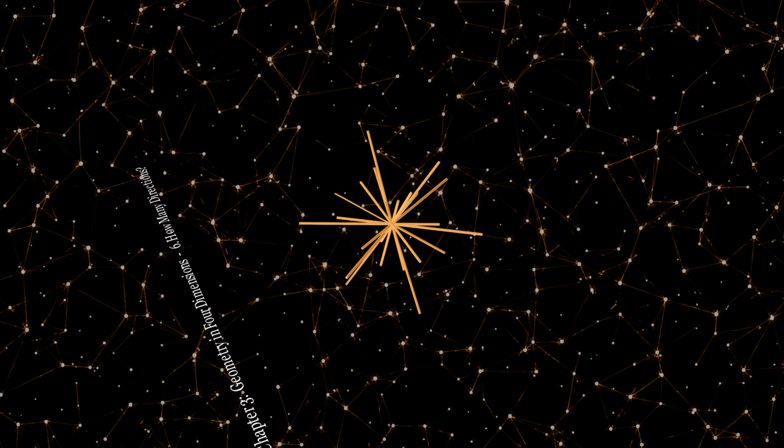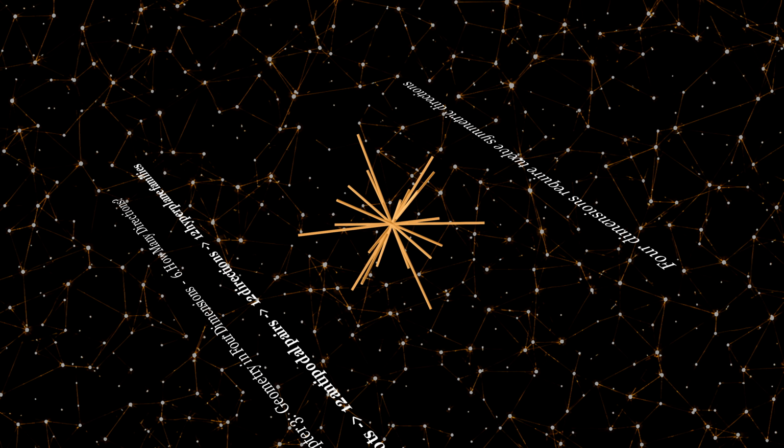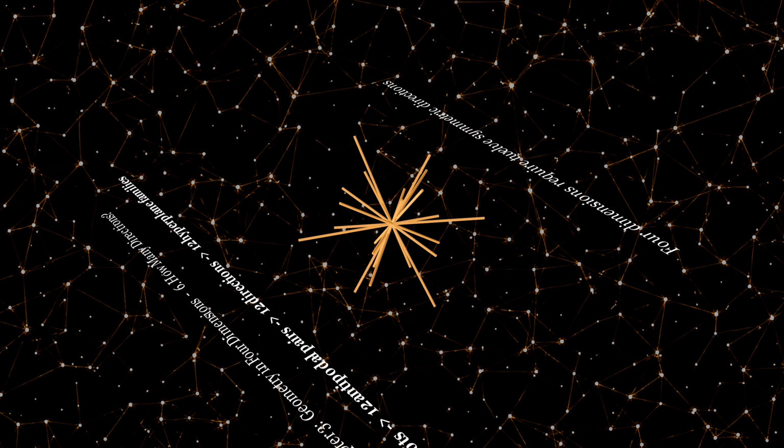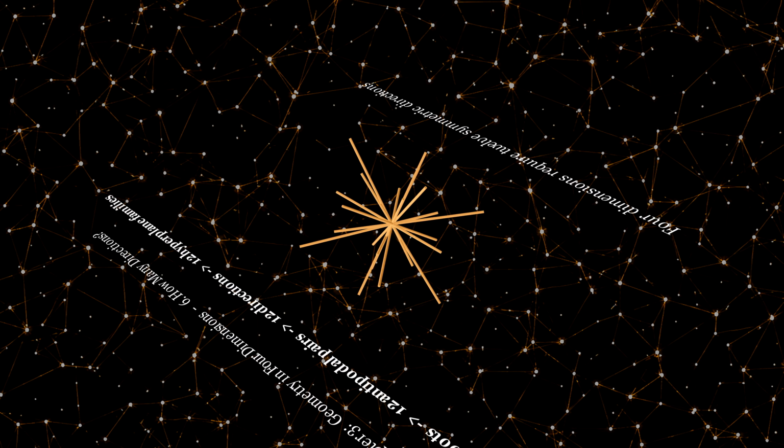But now, a much deeper question appears. What does one of these hyperplane families actually contain? If we choose one of the 12 directions and look at the D4 roots lying inside the corresponding hyperplane, what structure do they form? The answer is surprisingly simple.